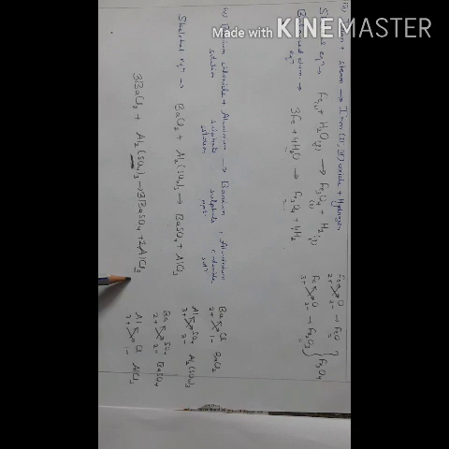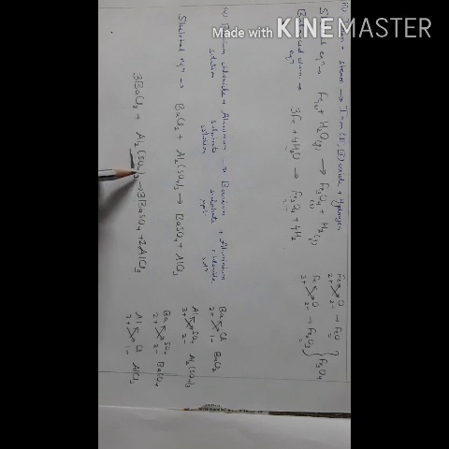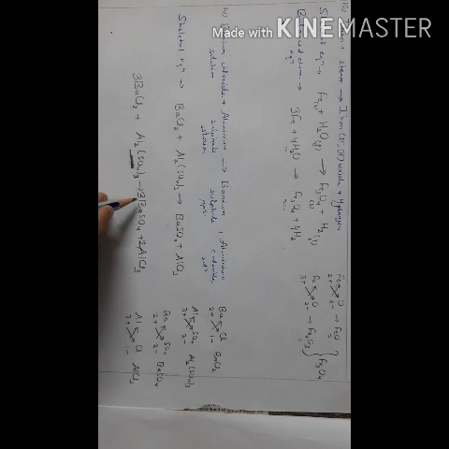Check again how we have done it. We began our balancing with the compound containing the maximum number of atoms, that is aluminium sulfate, Al2(SO4)3. So to balance these sulfate ions, I have written here 3. Sulfate ions were balanced. As sulfate ion became balanced, now what became unbalanced is barium.